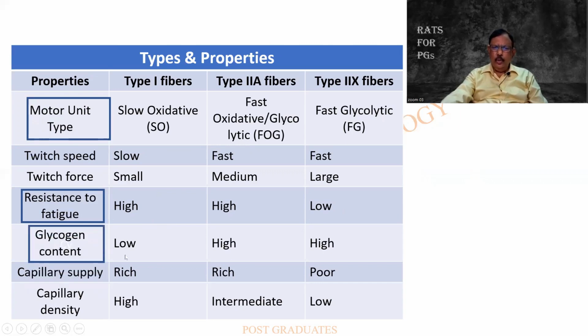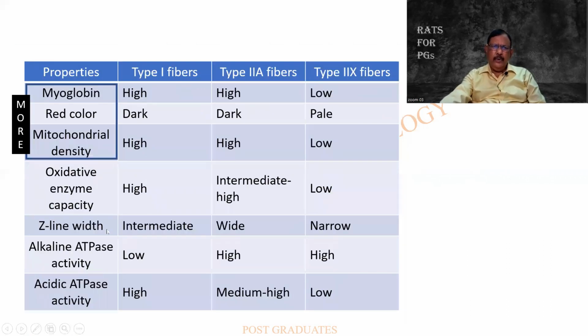Glycogen content is low, whereas it is high in the others. And the capillary density is high in type 1 fibers. That is why it is red in color, I told you earlier also. So these are some of the differences. The same table is continuing. You find that in type 1 fibers, 3 M's I would like you to remember. Myoglobin, and then there is a mitochondrial density which causes a red color.